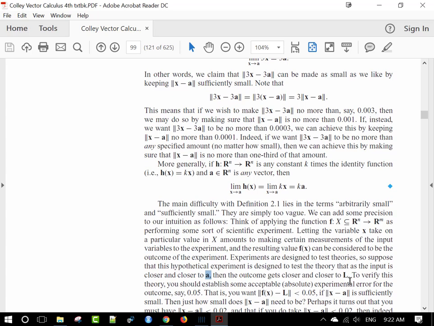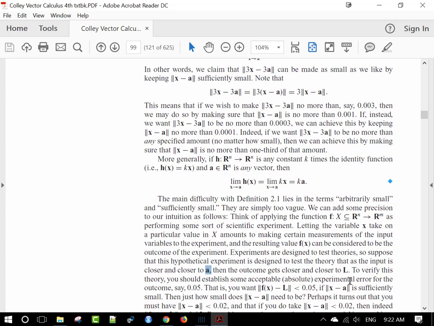To verify this theory, you should establish some acceptable absolute experimental error for the outcome, say 5%. That is, we want to be able to get f of x as close to L, let's say we mean by 5% within this amount, less than 0.05, if x minus a is sufficiently small.